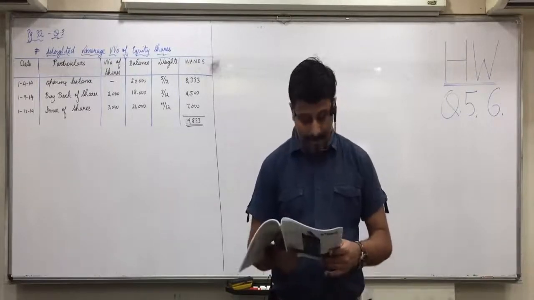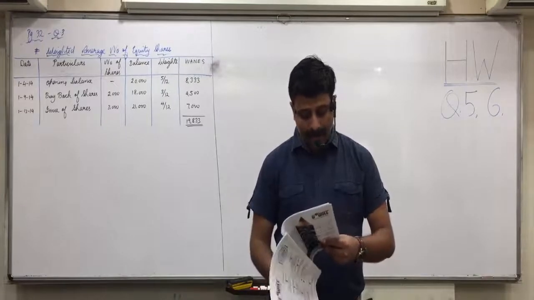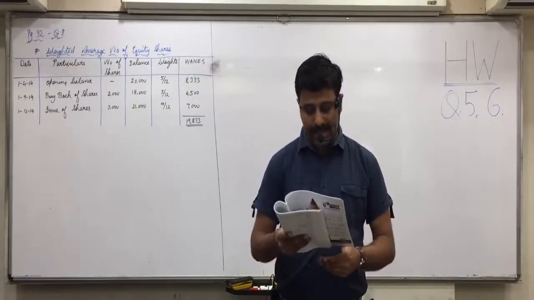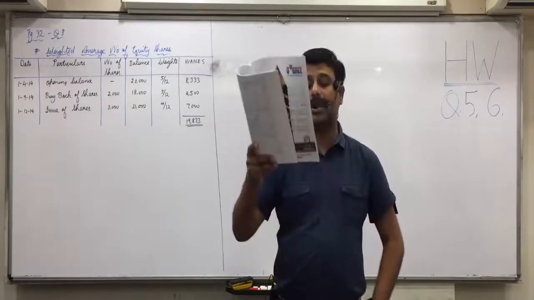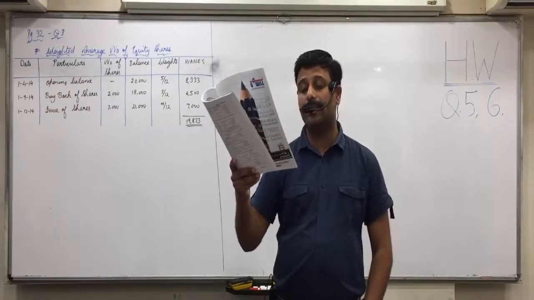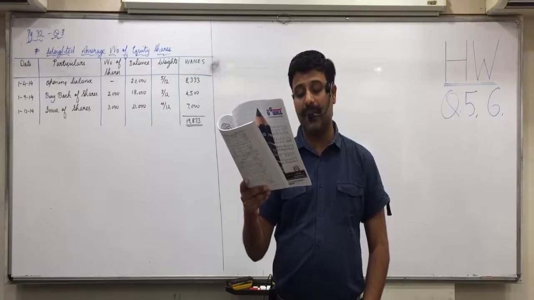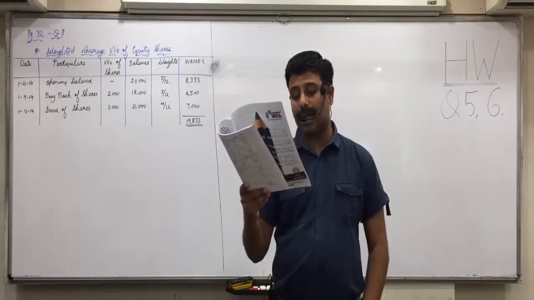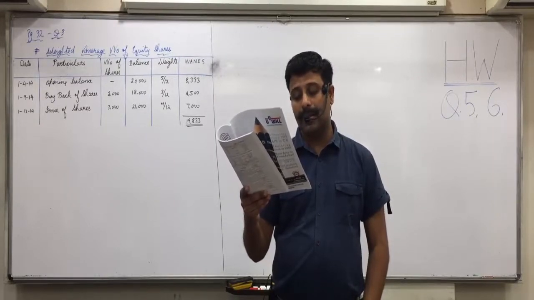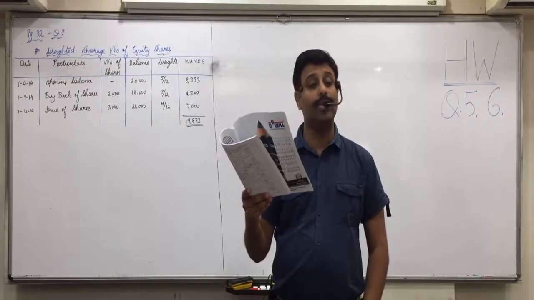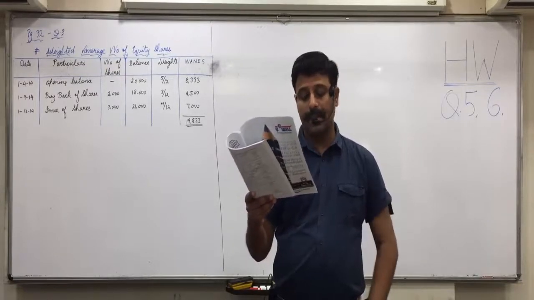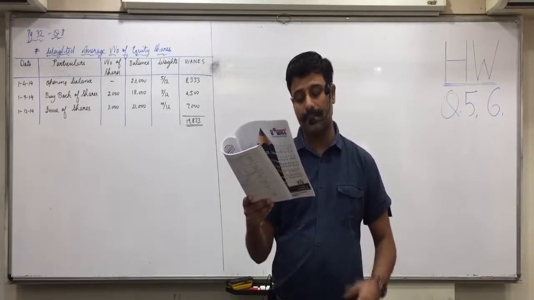Question 6. Following is the movement in equity shares in the case of Amar Technologies Limited for the year ended 31st March 2010. Calculate the weighted average number of shares. The 1/4/14 opening balance you will take in the beginning. Then 31/5/15 shares issued, plus. Then 31/8/14 buyback, minus.